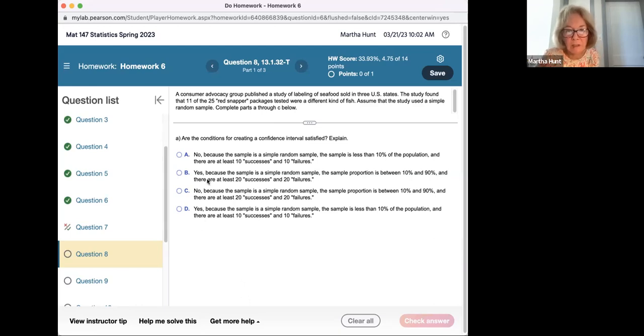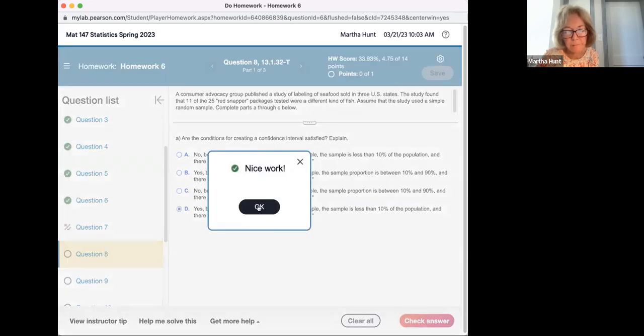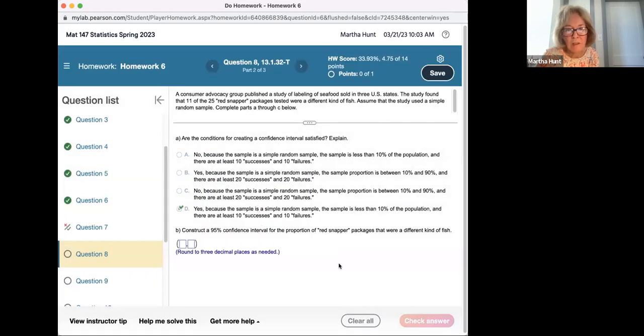Again, yes, because of the random sample, those were the conditions I had in my PowerPoint. Construct a 95% confidence interval. We got lucky this time. They handed us the number of successes, 11, and the number sampled was 25.